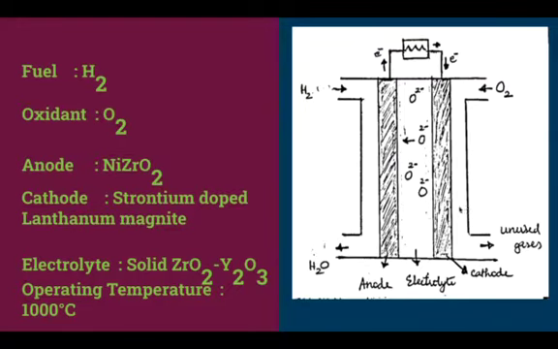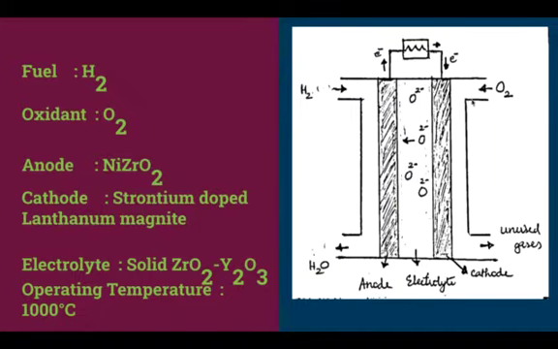And electrode porosity is required for the gaseous diffusion between the electrode's outer surface and the electrode-electrolyte interface. Electrode porosity means the electrodes used must be porous so that gaseous diffusion takes place at the electrode's outer surface or between the electrode and electrolyte interface.